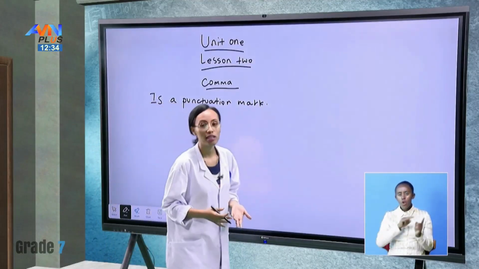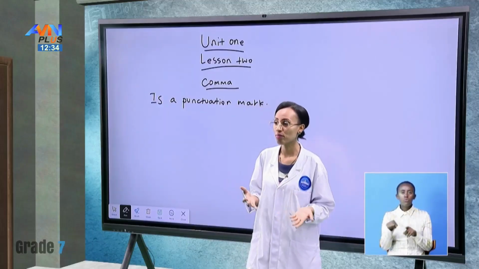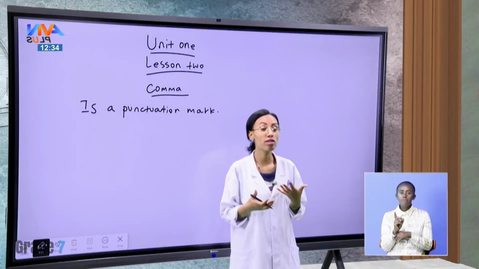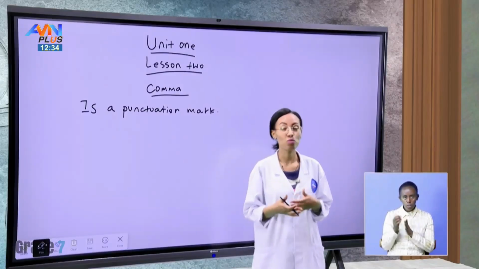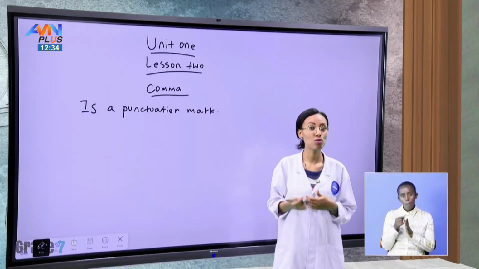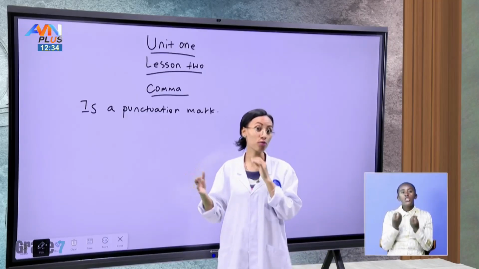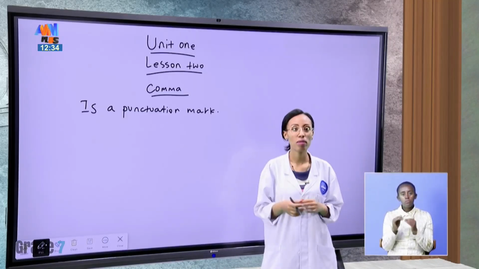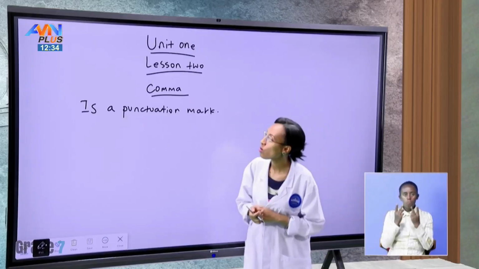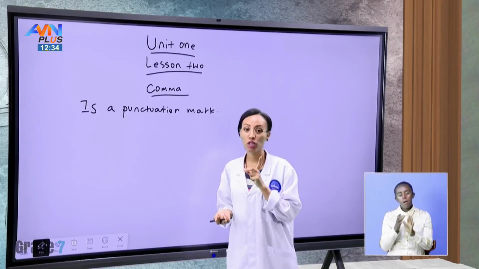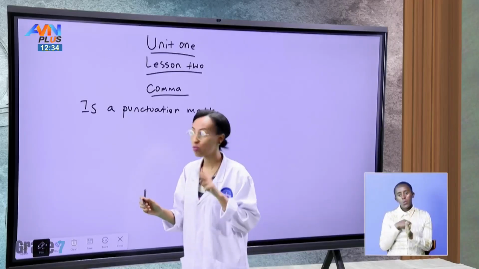We use this everywhere you go. For example, if you go to a bank, a lot of the bankers use numbers, and in numbers, we use commas to separate the numbers, to see how much the amount is. We'll talk about it in detail later on. So it is a punctuation mark, and in punctuation marks, we have two types.